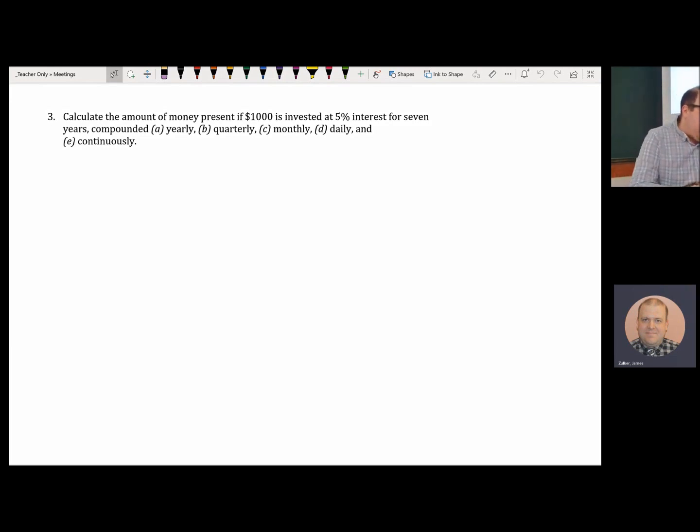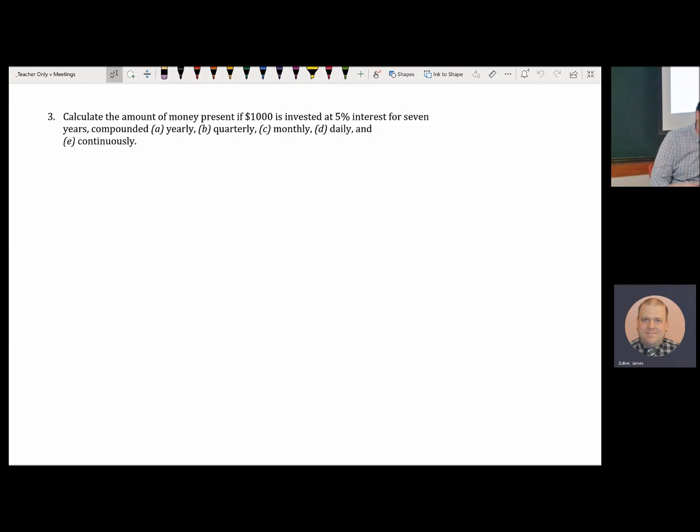So let's say we invest $1,000 at 5% interest for 7 years. We calculate how much we have if the interest compounds annually, quarterly, monthly, daily, and then finally continuously.